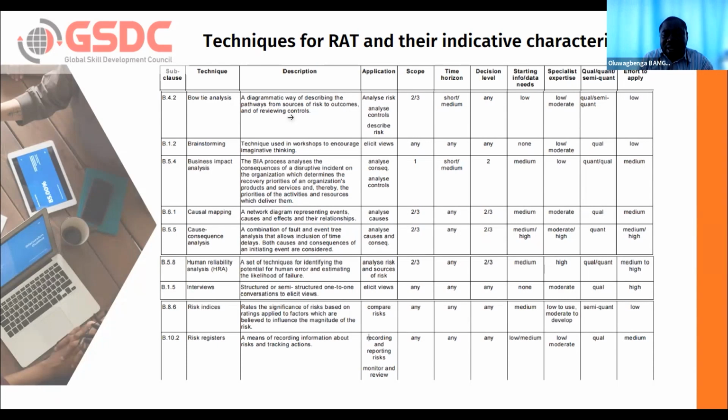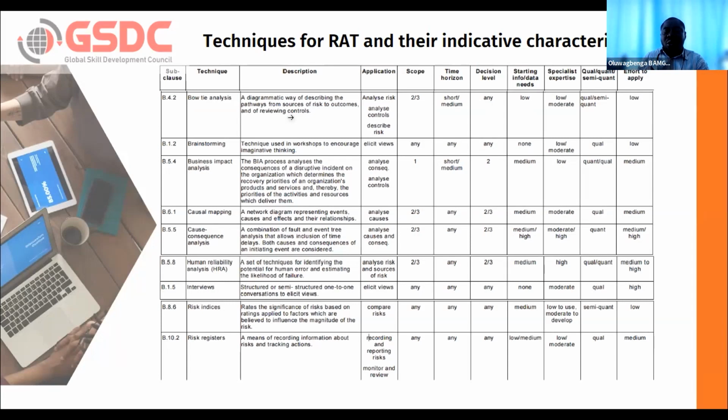The scope is 1, and time is short and medium. Decision level is 2 on the scale, and the starting information need is medium. Expertise is low because it's something we can do almost immediately after a brainstorming session, so we don't need much skill.